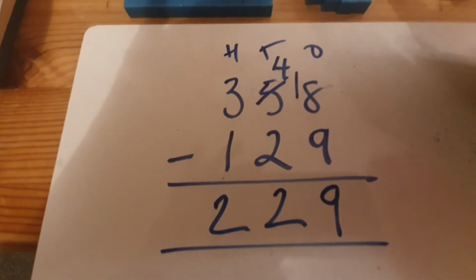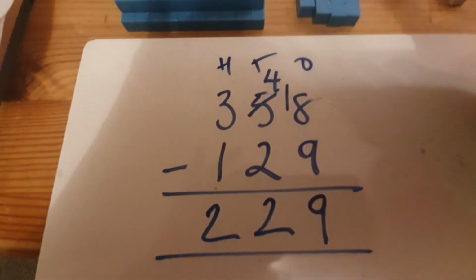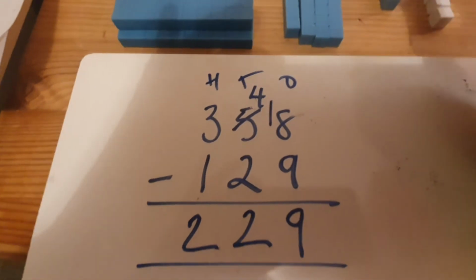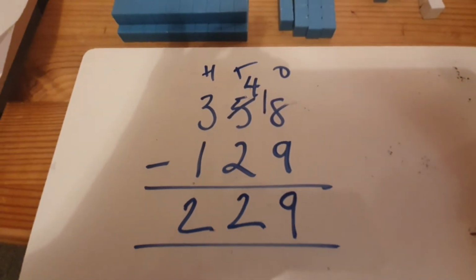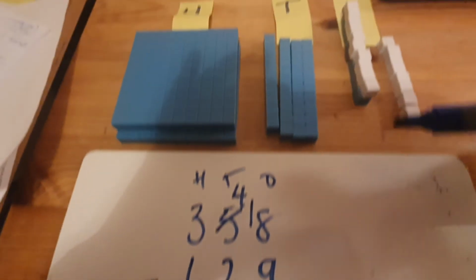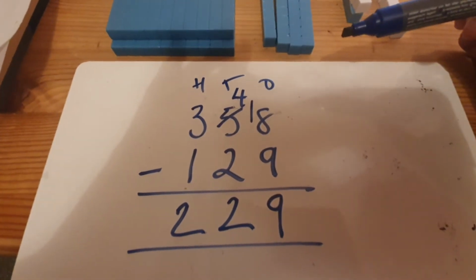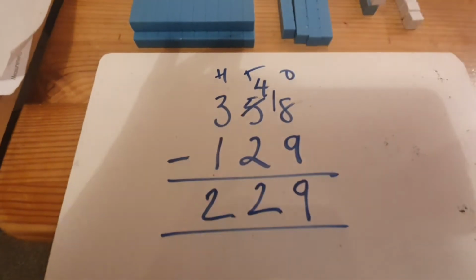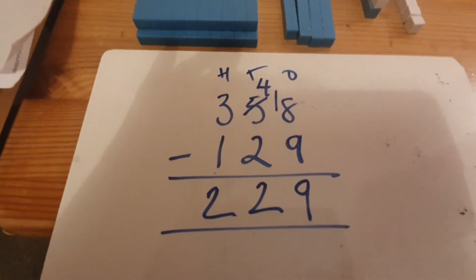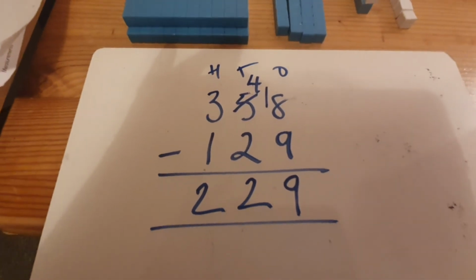We had to take a 10 off. We had to exchange it for 10 ones. And then you can see we've regrouped. And we've got 18 take away 9. Okay, so when we do our differences, it's really important that we do use that process.